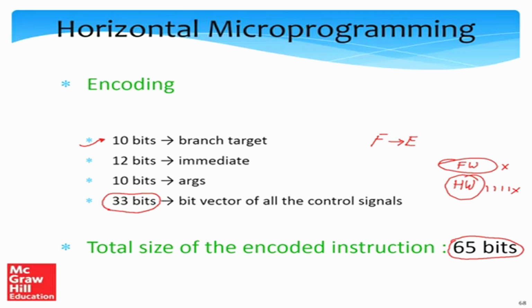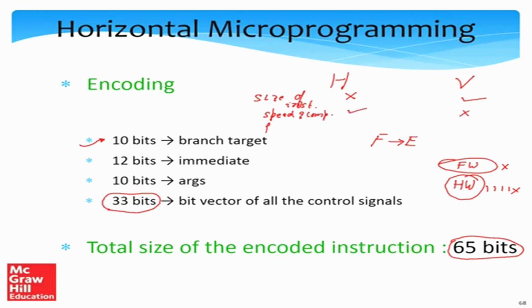So there is clearly a trade-off of flexibility here. If I consider horizontal and vertical microprogramming and the size of the instruction, in this case horizontal is bad and vertical is good. If I consider speed and complexity, then horizontal is good and vertical is bad.